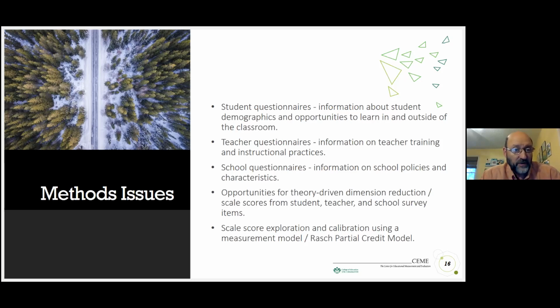But, coming from a measurement background, it seems silly not to take advantage of the opportunity to have a large set of items to play around with and make more stable and reliable, potentially even more valid representations of the theoretical constructs you're trying to include in your studies, potentially making something that's much more researcher friendly than simply a single item score might be, for example.